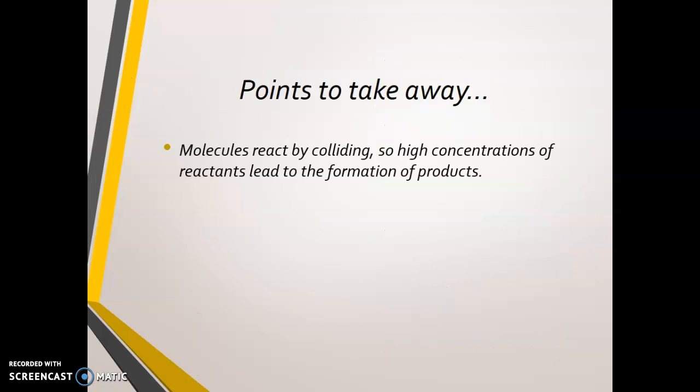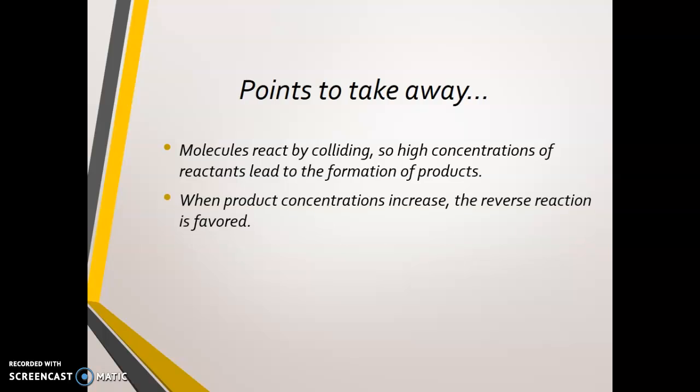So some key points to take away. Molecules react by colliding, so high concentrations of reactants lead to the formation of products. When product concentrations increase, the reverse reaction is favored.